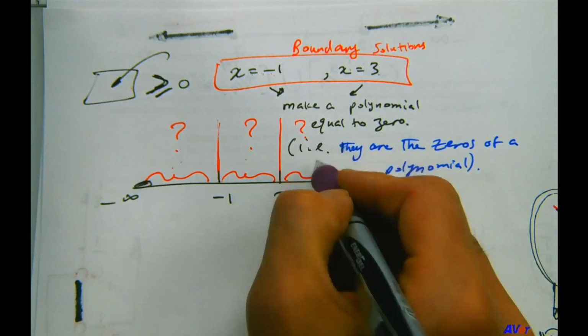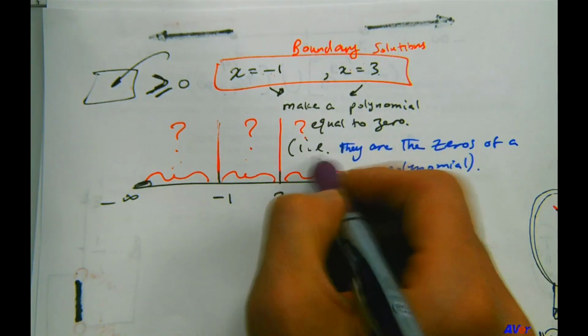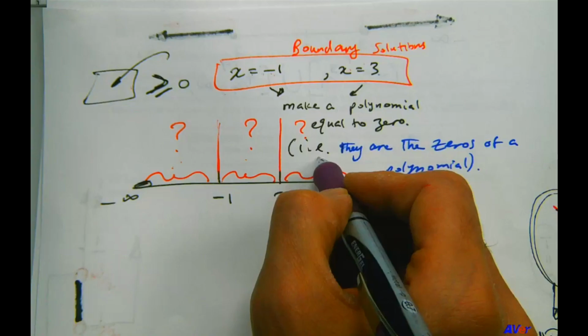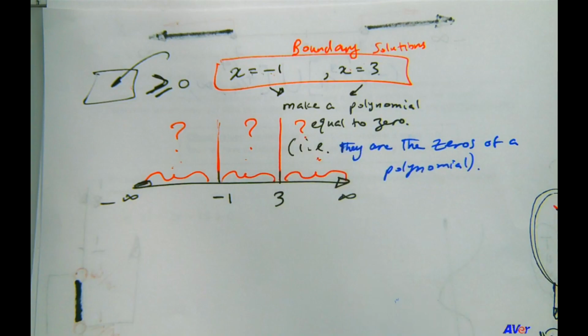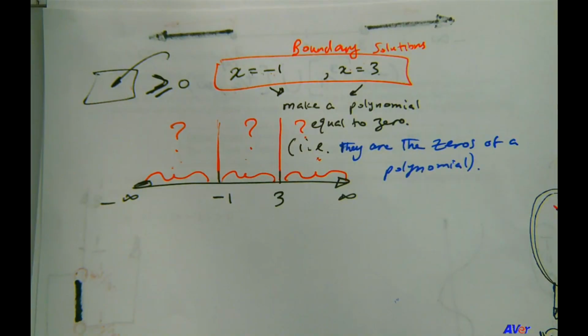If you test one number in this region and you get some kind of result, whether it checks out or it doesn't, that result applies to all numbers in that region. So what I've just explained is the big picture idea of what we're going to be doing for this entire section. And it can get pretty tedious and meticulous, but that's why I ask you to read the section before you watch the video, so your mind is prepared for this level of detail. Okay?